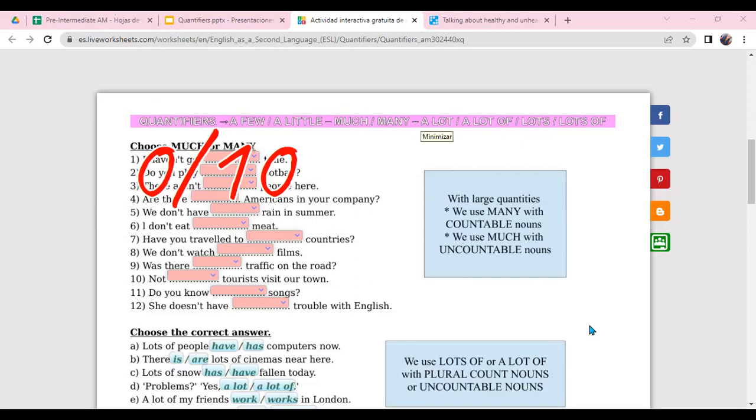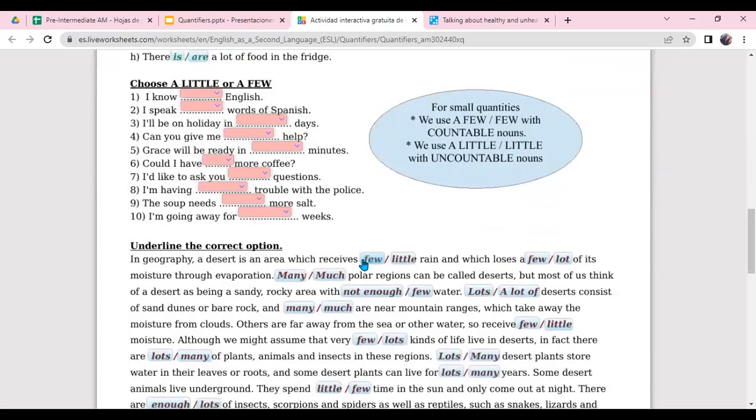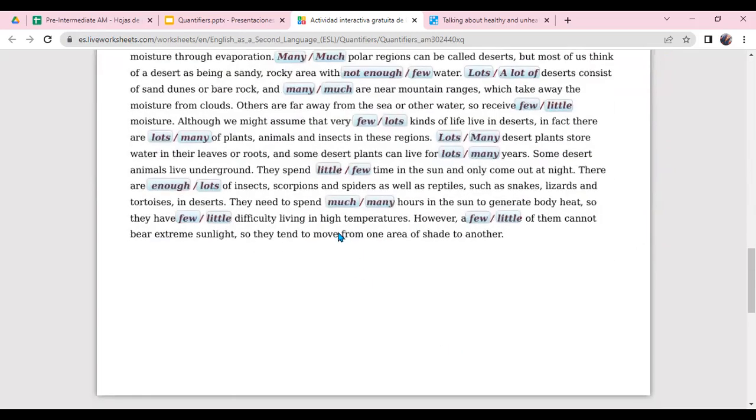Can you send me the score on WhatsApp, please, Juan? I don't know how to get the score because I click on terminado, but the option is send the answers to my teacher. Oh, you need to click check, or comprobar mis respuestas.